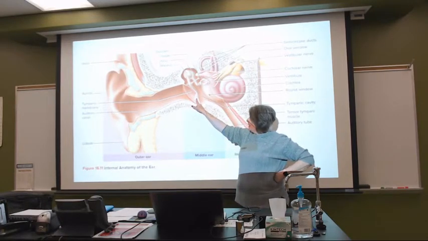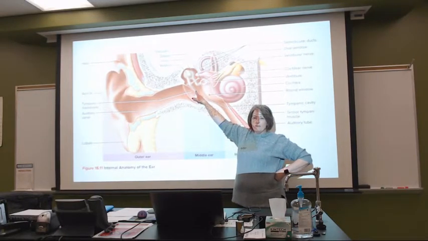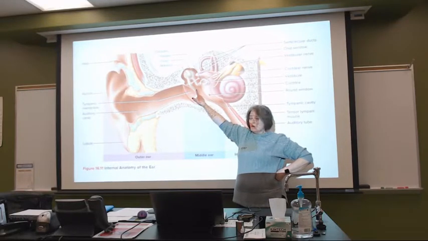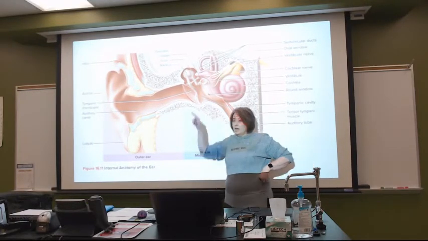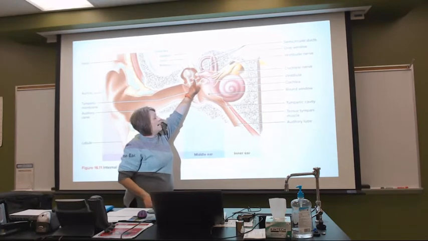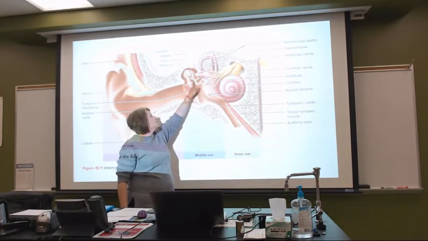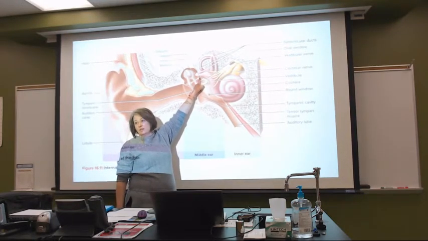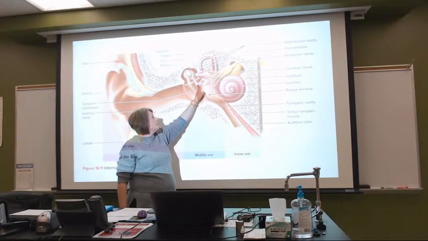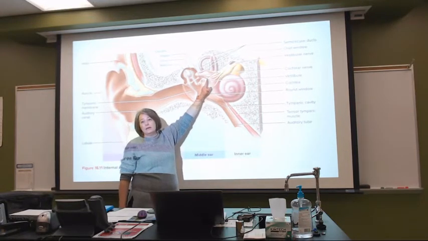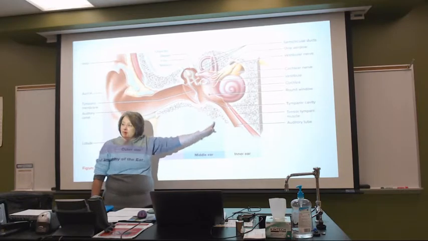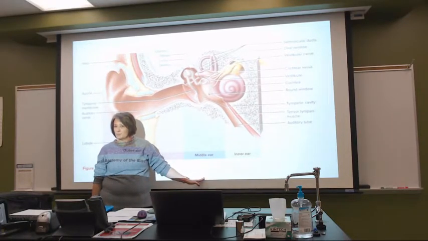Now, take a peek at what's attached to that membrane. We've got a bone. And that bone is attached to another bone held by a ligament in the ear, attached to another bone, meeting an area in my inner ear. Okay?